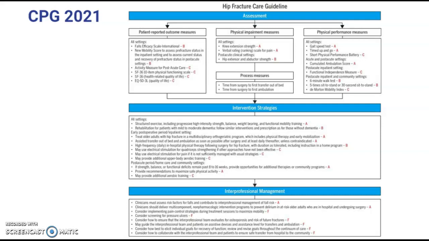And then moving down into the interventions, you have structured exercise, including progressive high intensity strength, balance, weight bearing, and functional mobility training. I love seeing that because these patients are just like a younger patient.